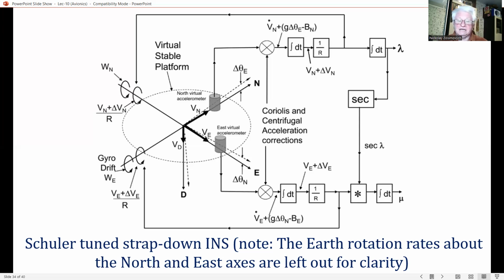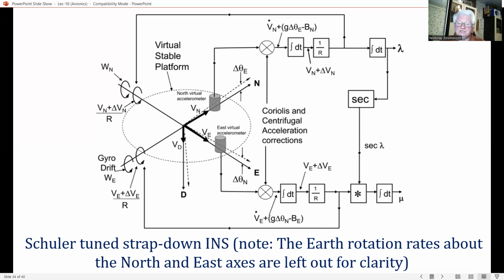The north and east accelerometer outputs, however, are sensed along the north, east, down axes, the N, E and D letters, three components, which are rotating slowly in space with the Earth's rotation.